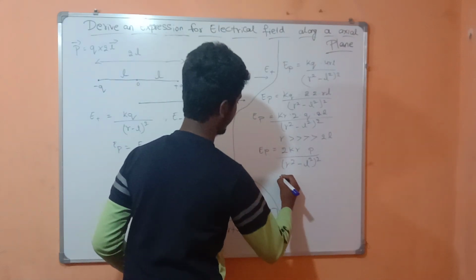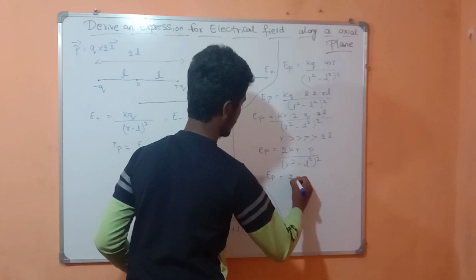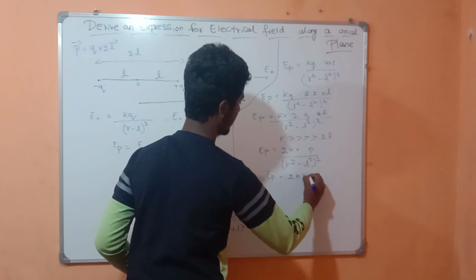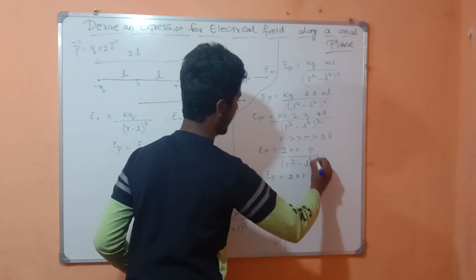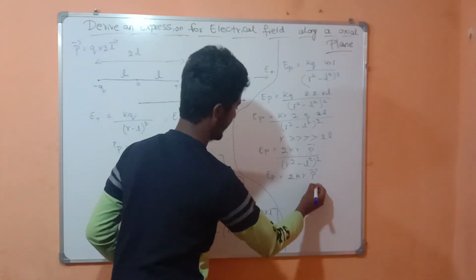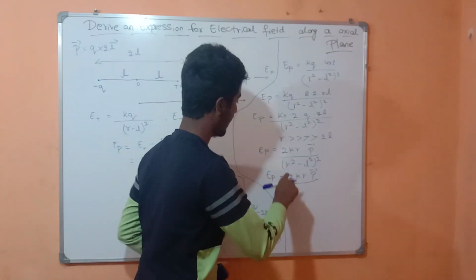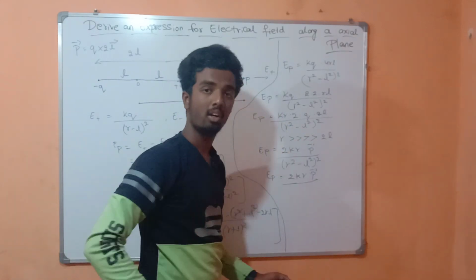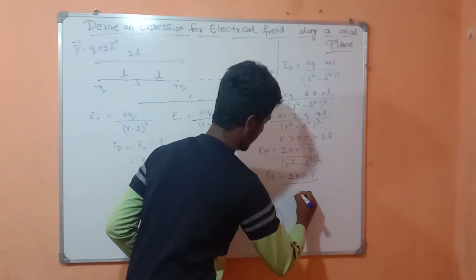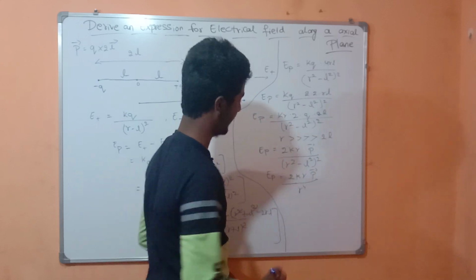EP is equal to 2 times K R times vector P divided by, if I neglect L, what do we have left? R square the whole power 2, which becomes R to the power of 4, according to the theory of indices.